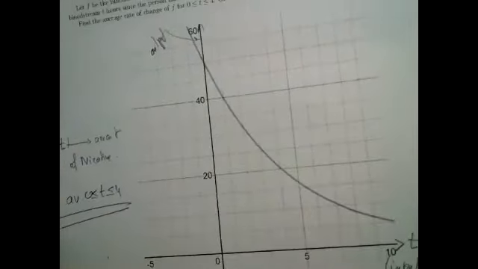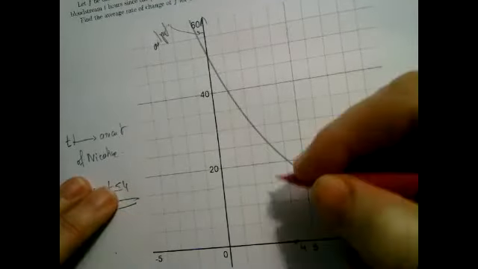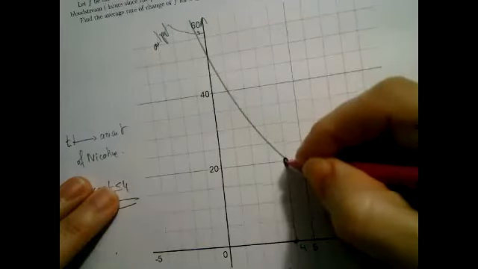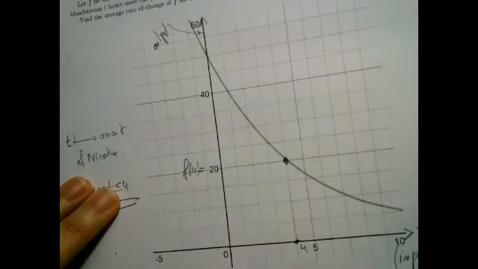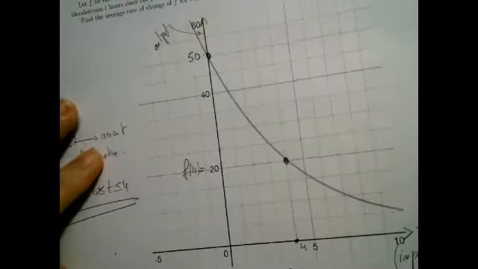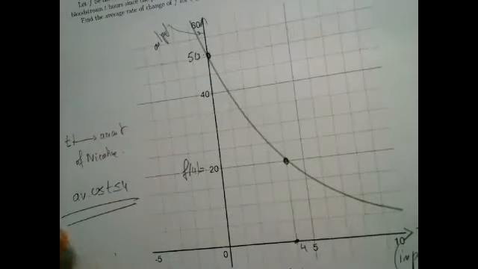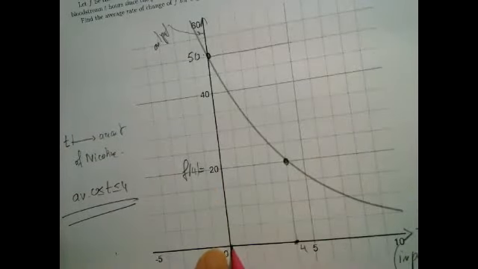So what is f of 4? We go back to my graph. That's the 4, and this is f of 4. So f of 4 is 20. What's f of 0? F of 0 is up here, so f of 0 is equal to 50. And what is f of 4 minus f of 0? Basically, the question is between the minute you finish smoking the cigarette till 4 hours later, t is in hours.